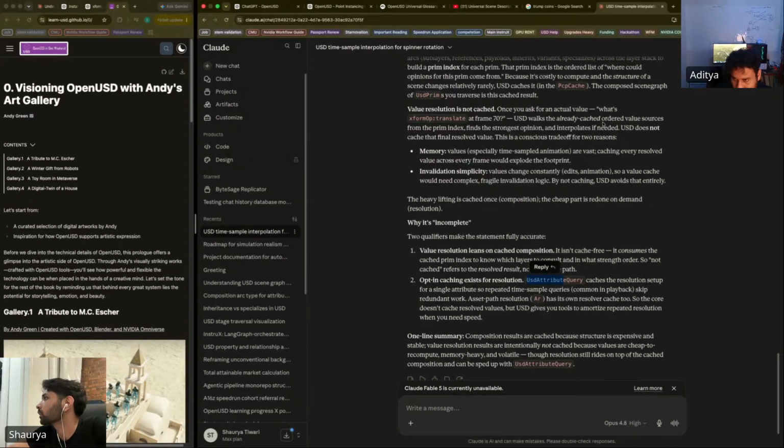USD does not cache that final resolved value.